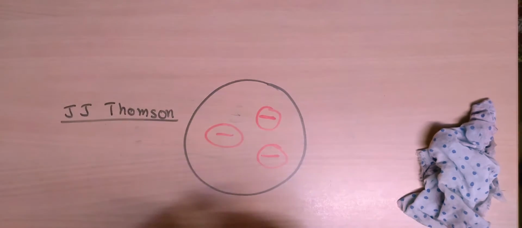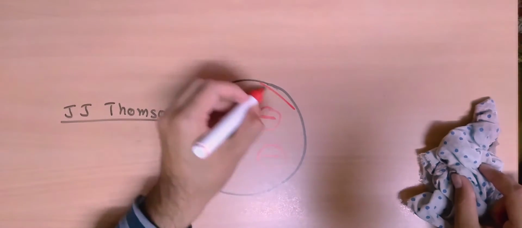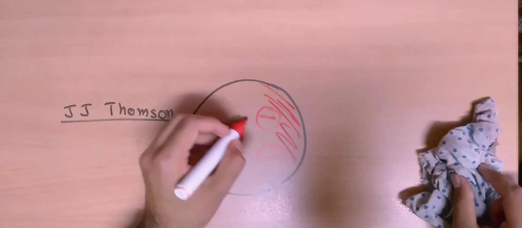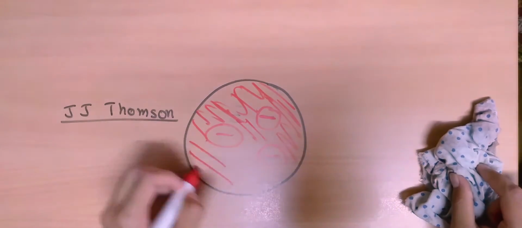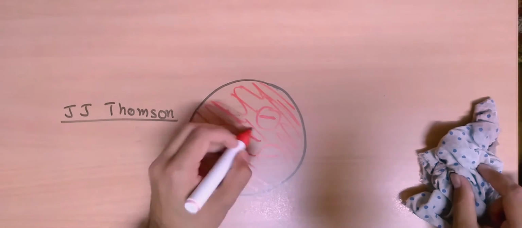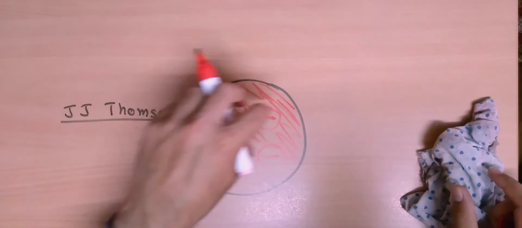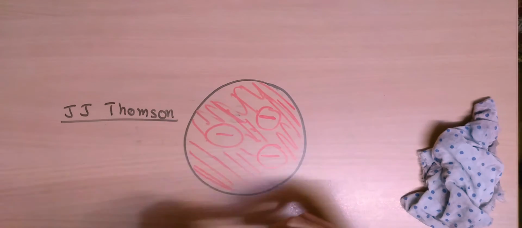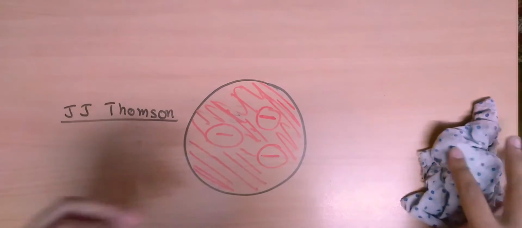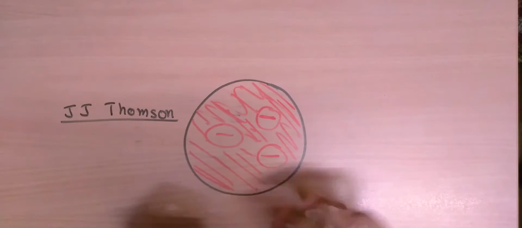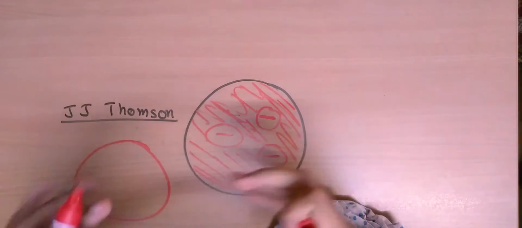Now Thomson just guessed it, and he said that maybe the rest of the atom is positively charged, this space between, and these negatively charged particles are embedded into it. So he gave the example of a watermelon. If you have ever seen a watermelon, how do watermelons look? A watermelon is generally spherical.